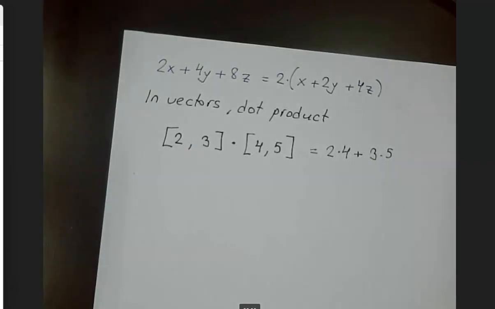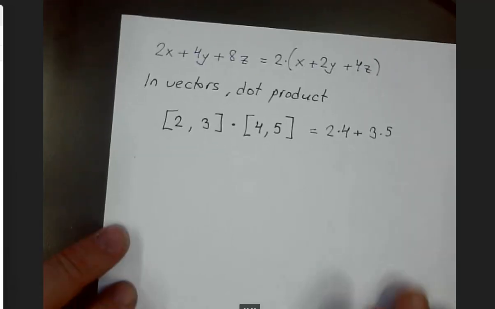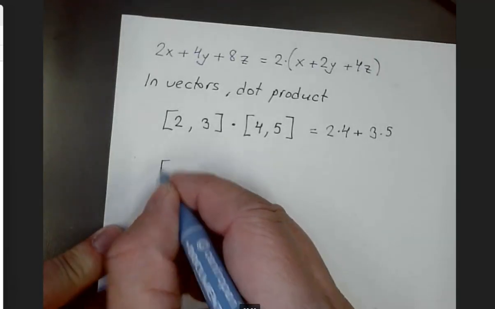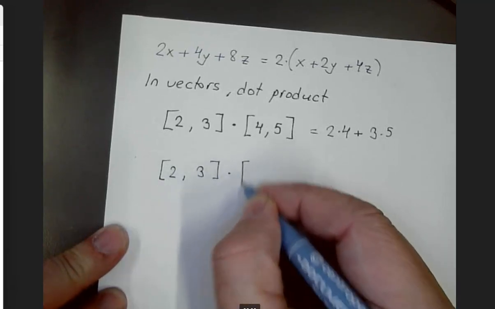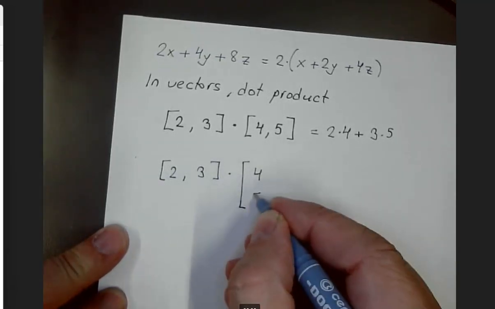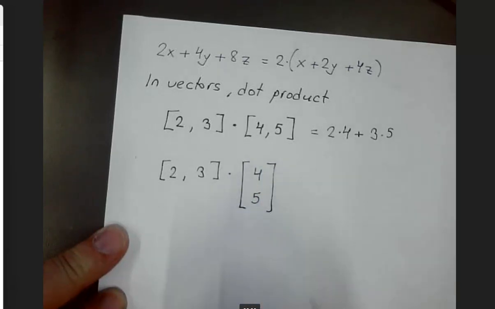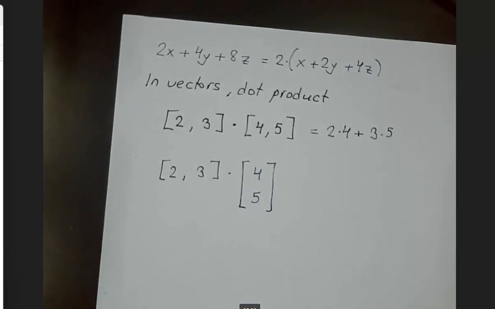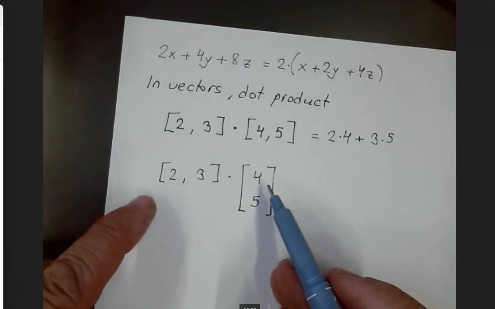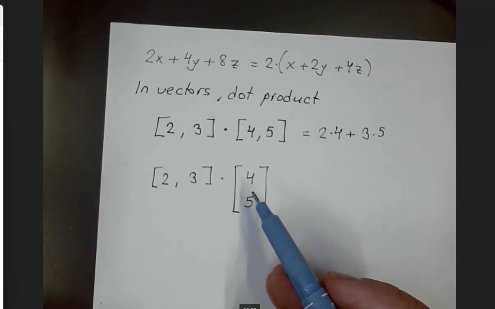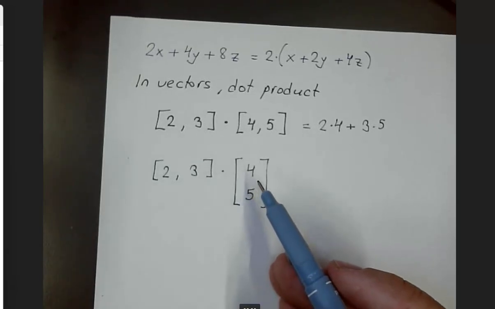This was the method. If I change this a little bit, I will write the second vector in this form. Now it looks more similar to what we do in matrix multiplication.